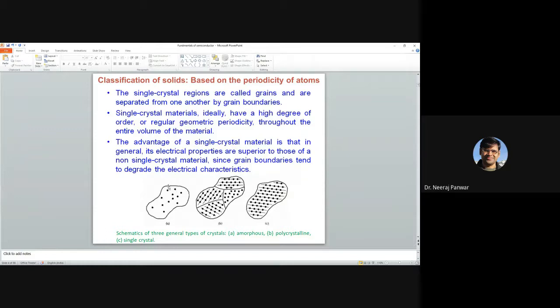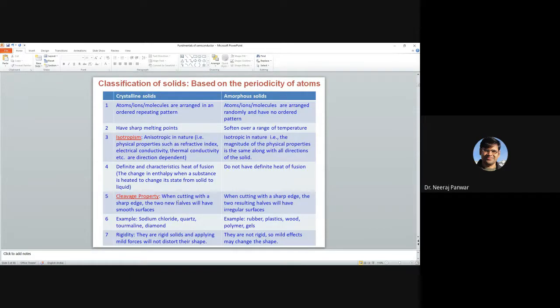But if we break amorphous solid, there is no periodic arrangement of atoms, so the crack will go randomly. Therefore, they will not have very sharp surfaces, they will have irregular surfaces.